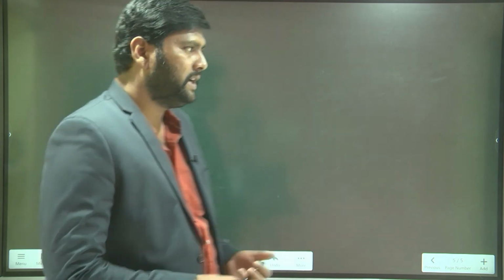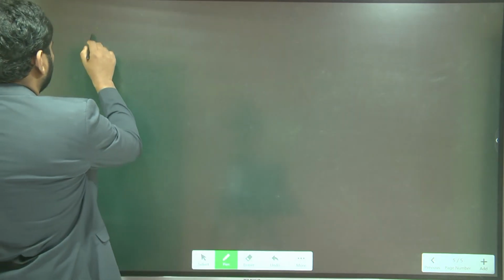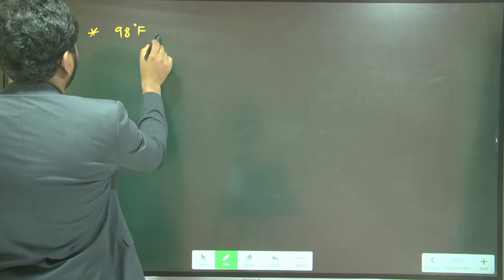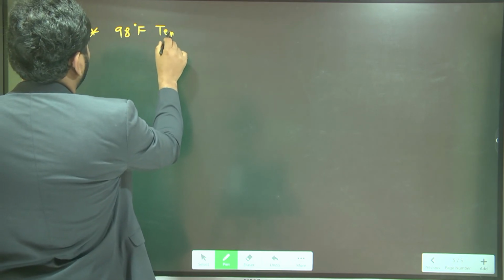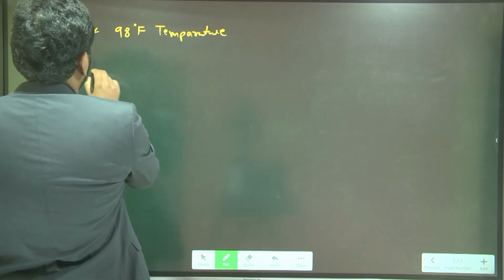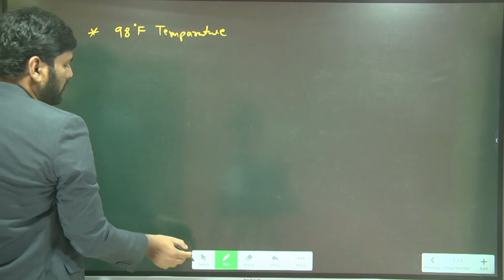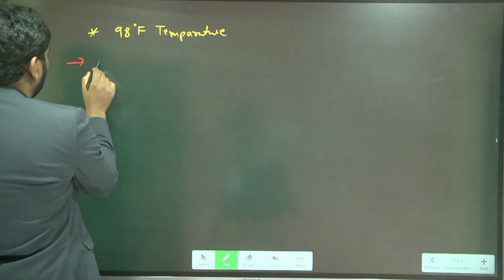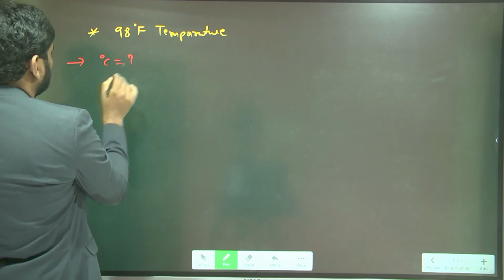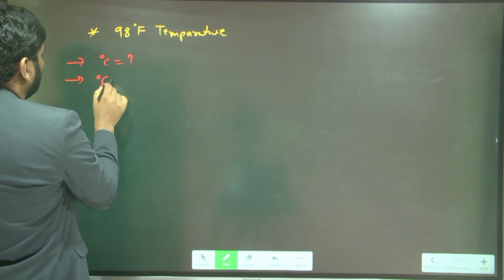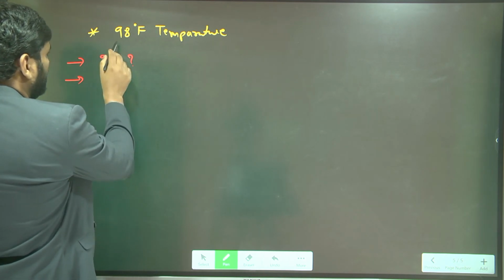When it is 98 degrees Fahrenheit, so do it. 98 degrees Fahrenheit temperature is equal to how many degrees Celsius? In the same way, how many degrees Fahrenheit, already done, it is already in Fahrenheit.